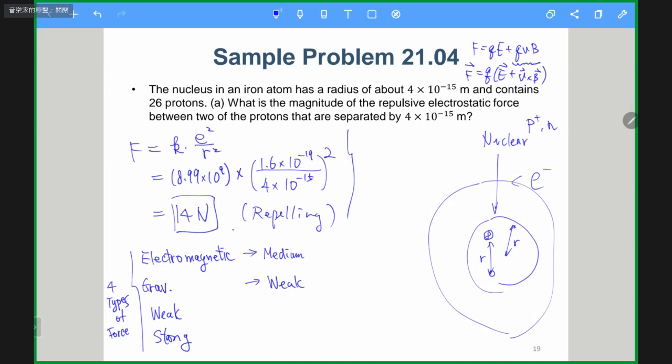I can only tell you the weak force is something like fission and fusion, nuclear fission and nuclear fusion, the nuclear energy stuff, alpha decay, beta decay. That is the so-called weak force. Even though it is called weak, it is also strong.